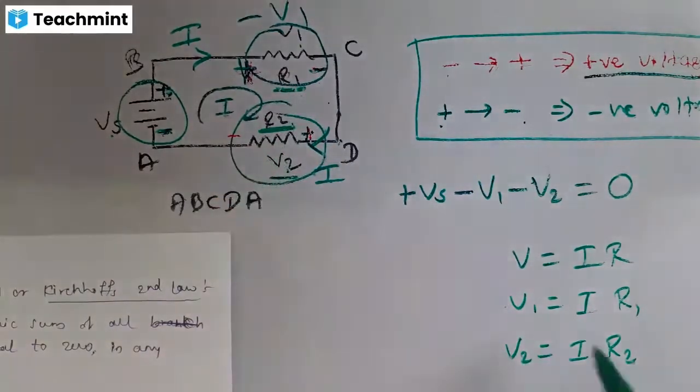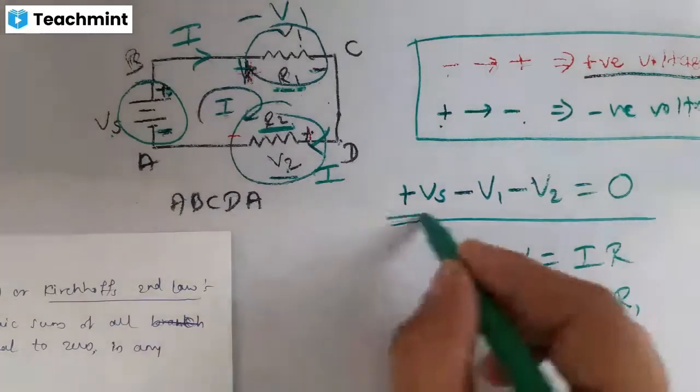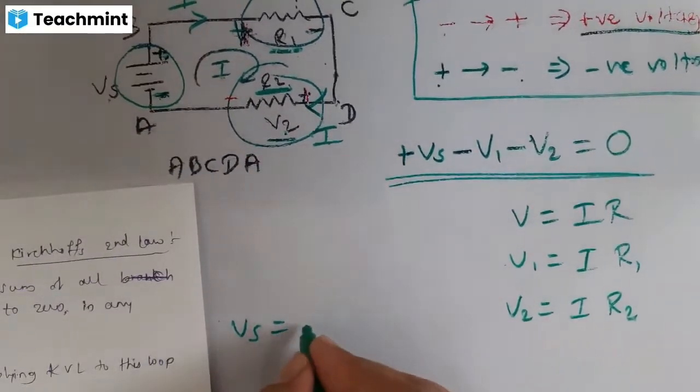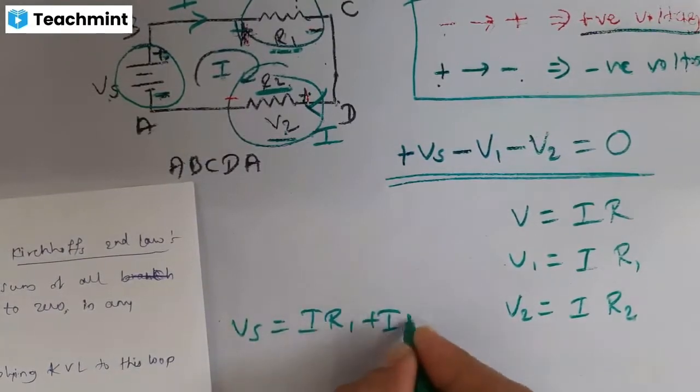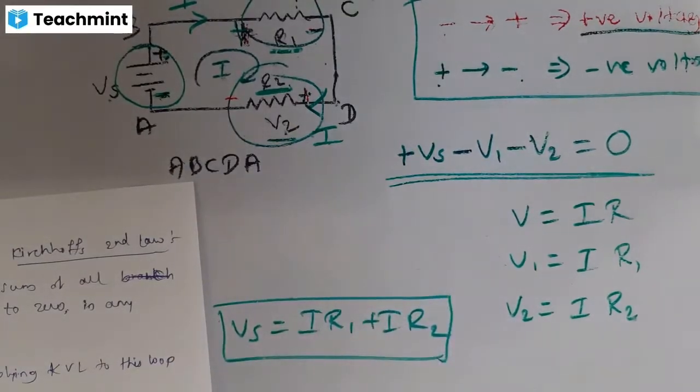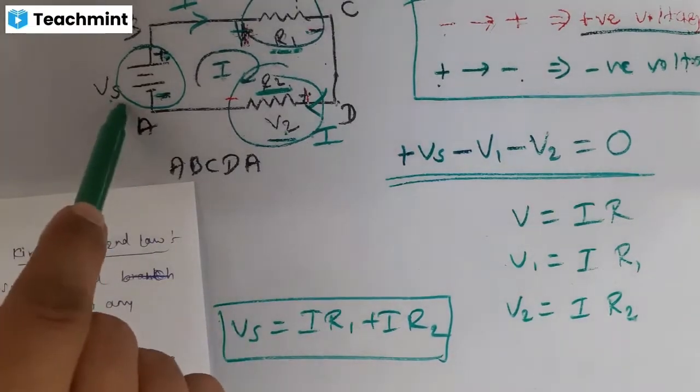Okay, so V1 is I into R1, V2 is I into R2. So just substitute this in the equation. Okay. So you will get Vs equals what? Just take V1 and V2 on the RHS. So you will get I R1 plus I R2. This is your Kirchhoff voltage law. Otherwise, simply you can say that the EMF source, the battery is the source, isn't it?